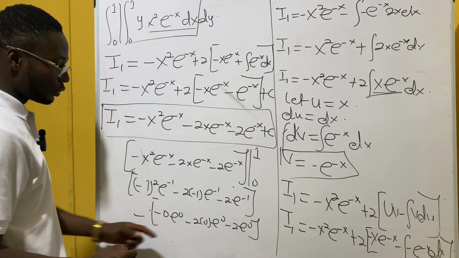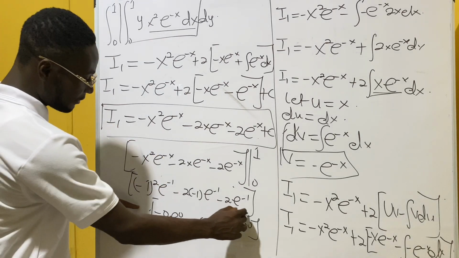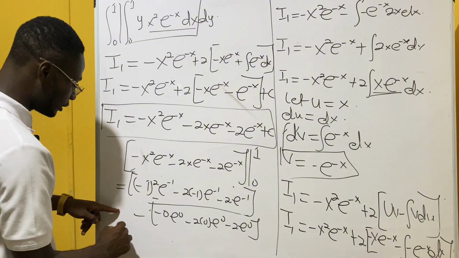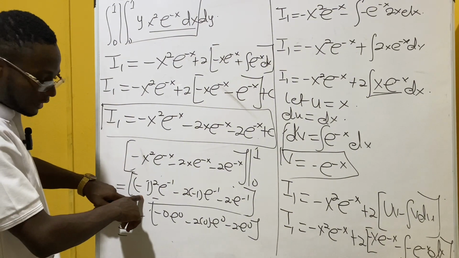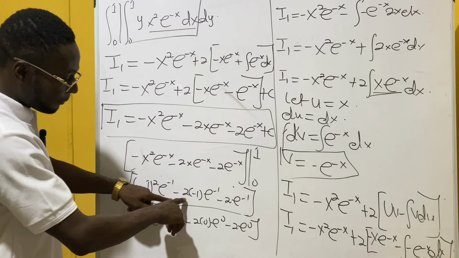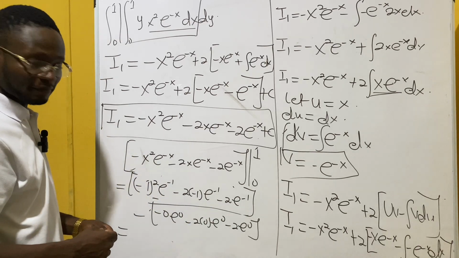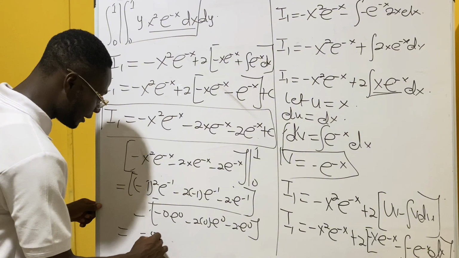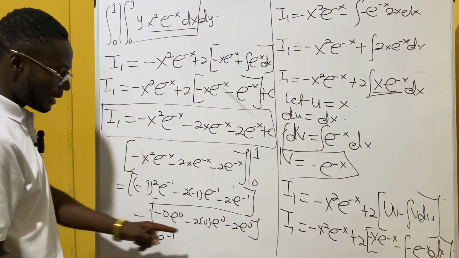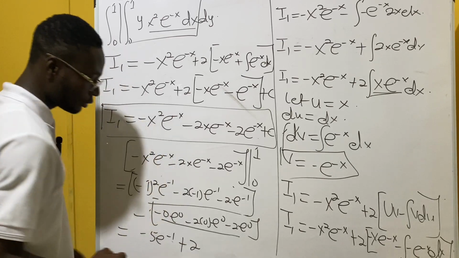The first evaluation gives 1 minus 2 minus 2, so it's minus 5 e power negative 1. The second part, the whole of this, will give us plus 2.